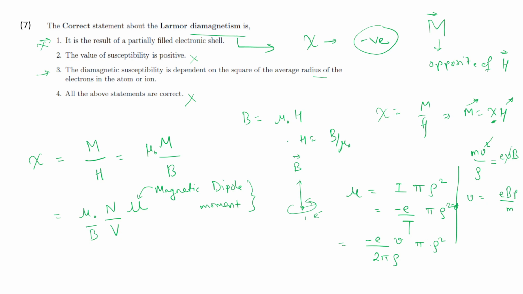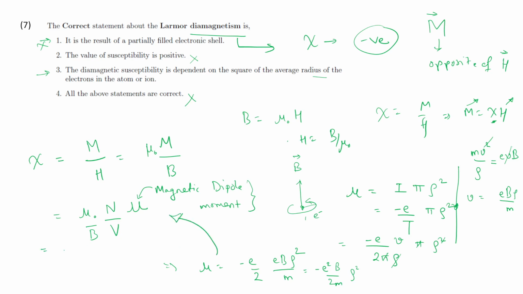So one rho cancels, and we have mu equal to minus e, this v cancels with the v, and we have e by 2 times e B rho over m times rho, giving rho square. So it is nothing but minus e square B by 2m rho square. You just put this mu in here.